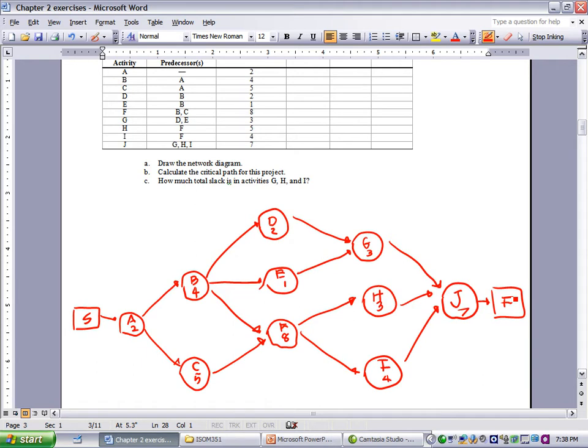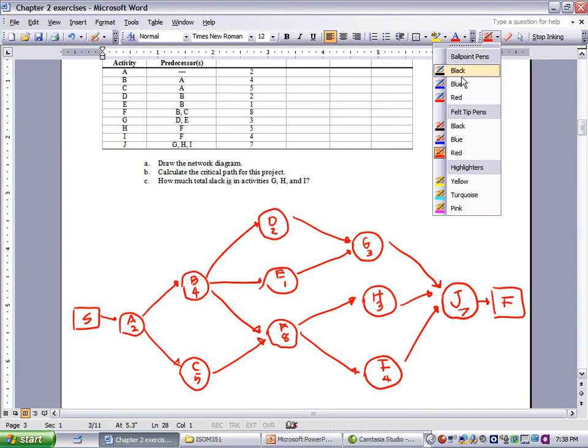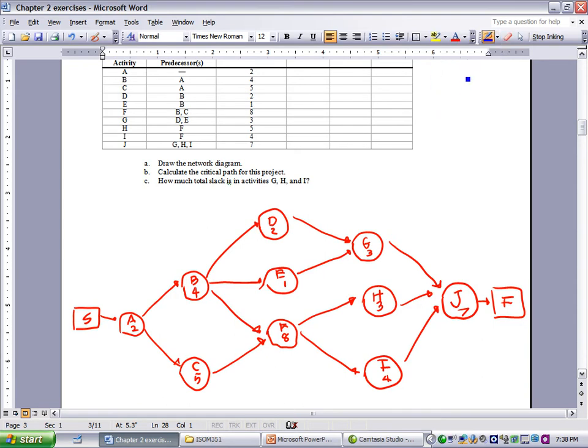First we're going to start by using the top area, so I'm going to change my color to blue. This is my notation: ES on the top left, top right will be EF, bottom left will be LS, bottom right will be LF.